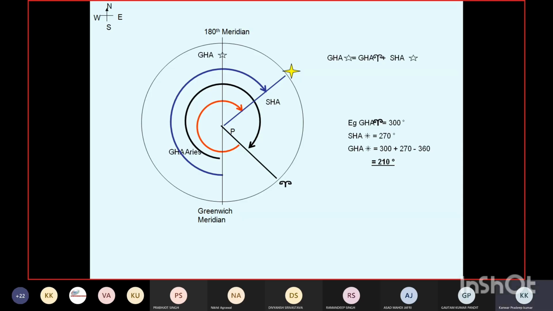You add them, it is 570 minus 360. So GHA star is 210. Again, you can make out 180 plus a little more, 30 degrees. GHA star is 210. I hope the diagram and the calculation is very clear to you, gentlemen. Yes? Okay.